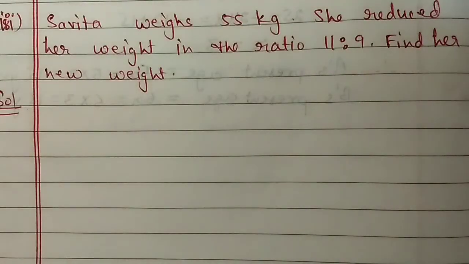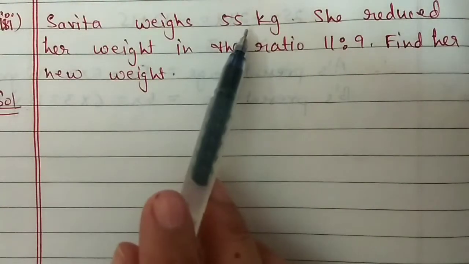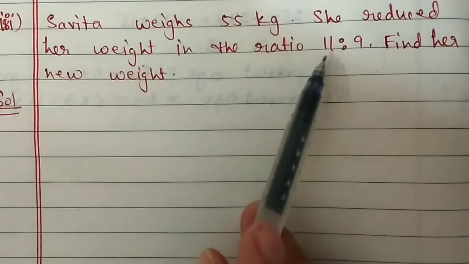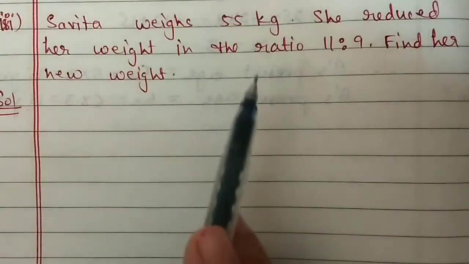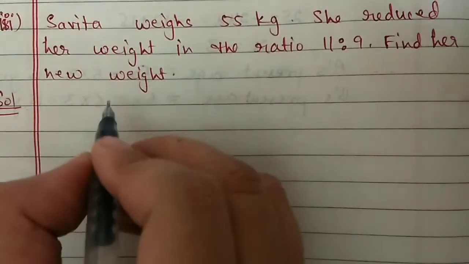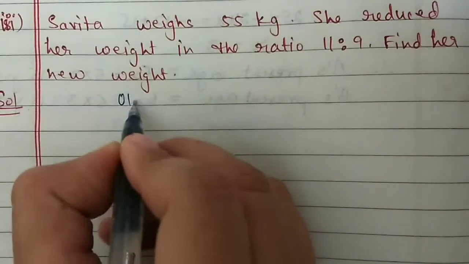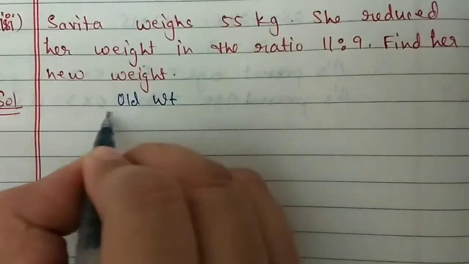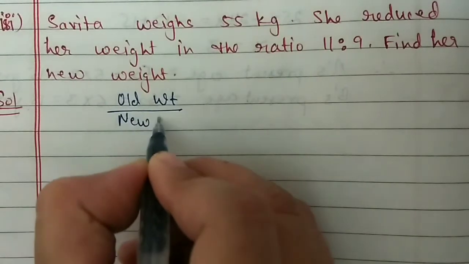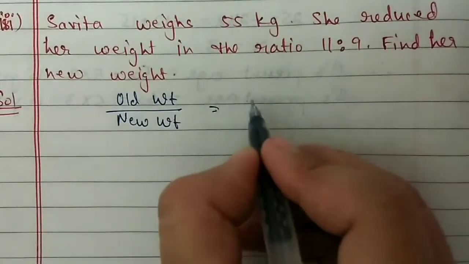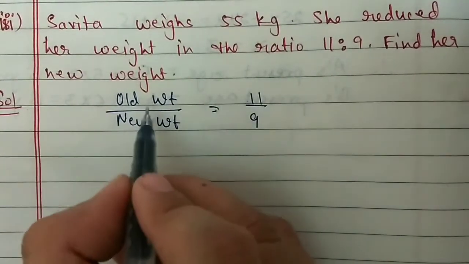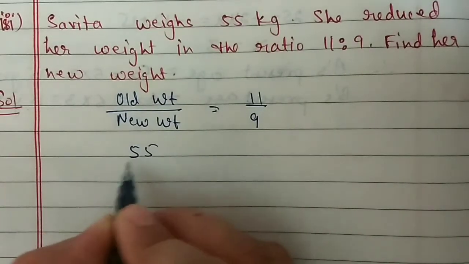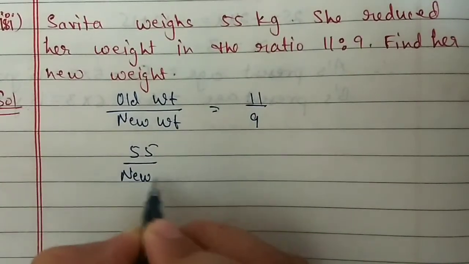Next, third part of question number 20. Savita weighs 55 kg. She reduced her weight in the ratio of 11:9. Find her new weight. So we will take her old weight divided by new weight, and this ratio is given as 11:9. The old weight we know is 55 kg. The new weight we have to find out.